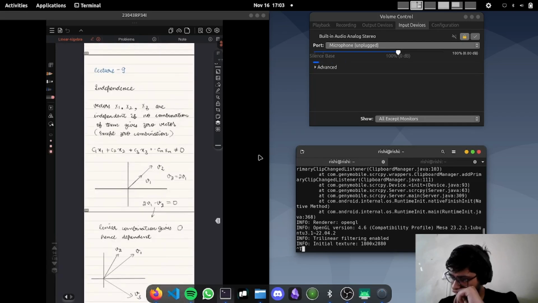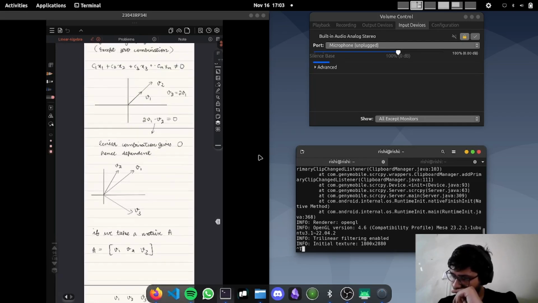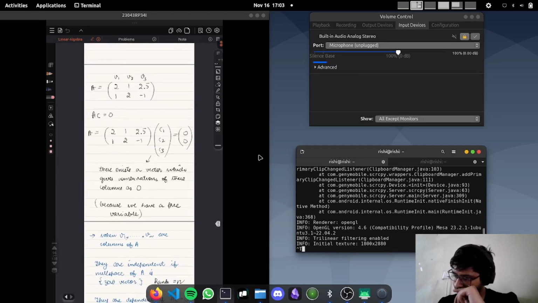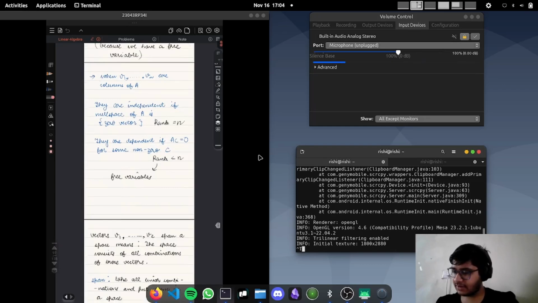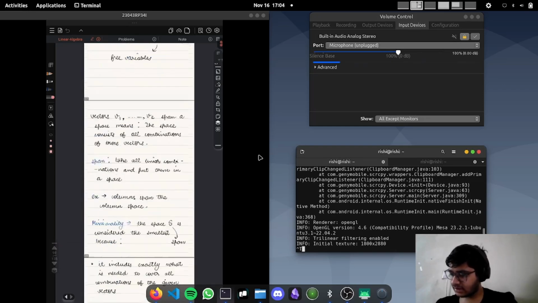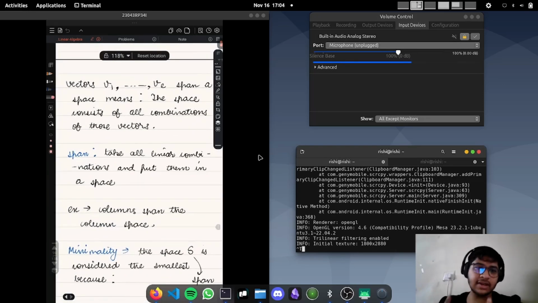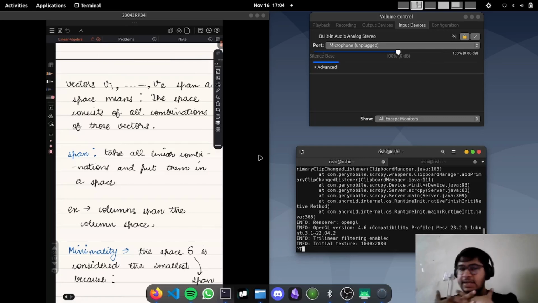Yeah, basis, independence. So we got the idea of independence: there is a vector that gives a combination of these two columns as 0, because we have a free variable essentially, and when v1, v2 and v3 are columns of A, we got this. Everything is correct. So vectors v1 to vn span a space. This is essentially a new term. Some vectors are spanning a space, which means the space consists of all the combinations of those vectors.